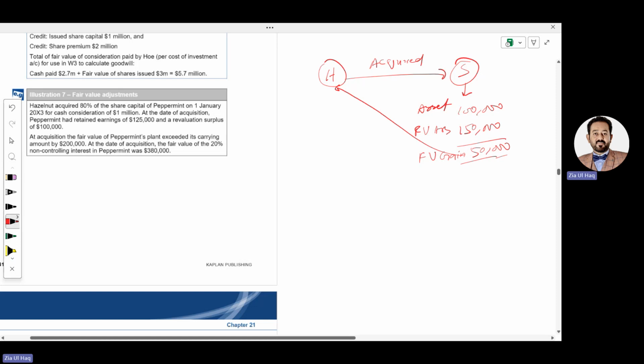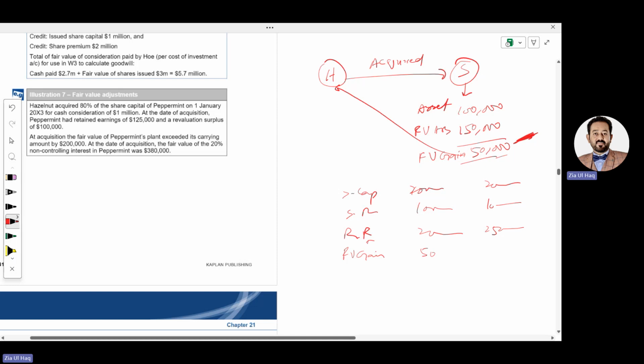By calculating net assets, we include share capital, share premium, retained earnings. What we need to do is calculate this fair value gain as well. So share capital was 20,000, share premium was 10,000, retained earnings was 20,000 here, 25,000 here.